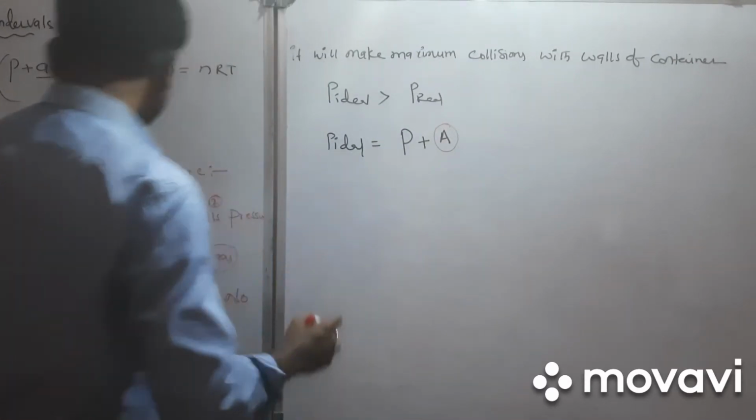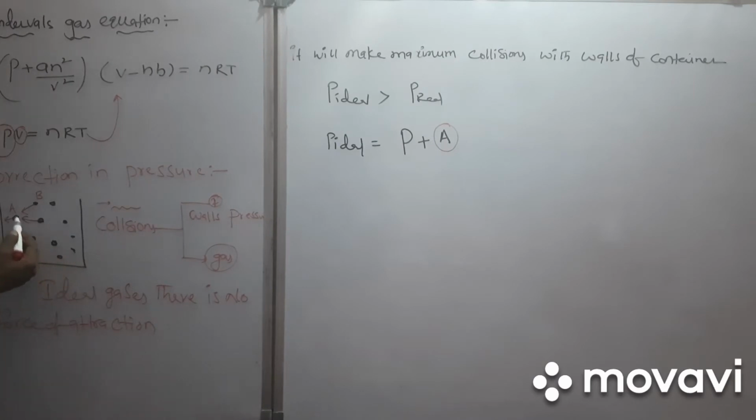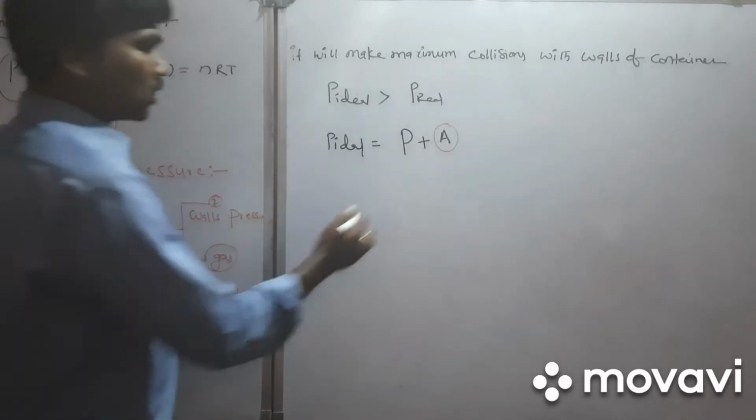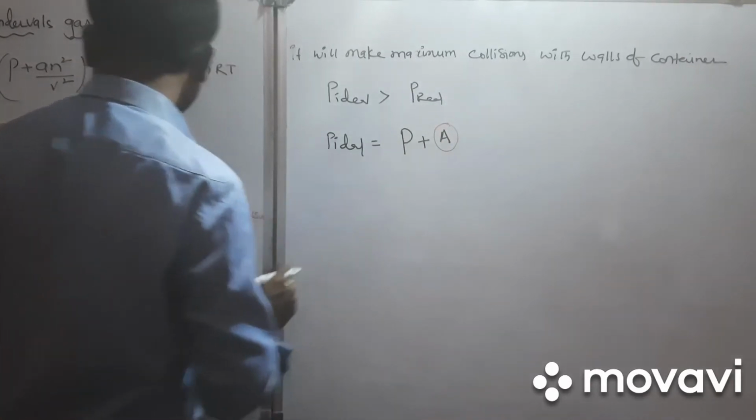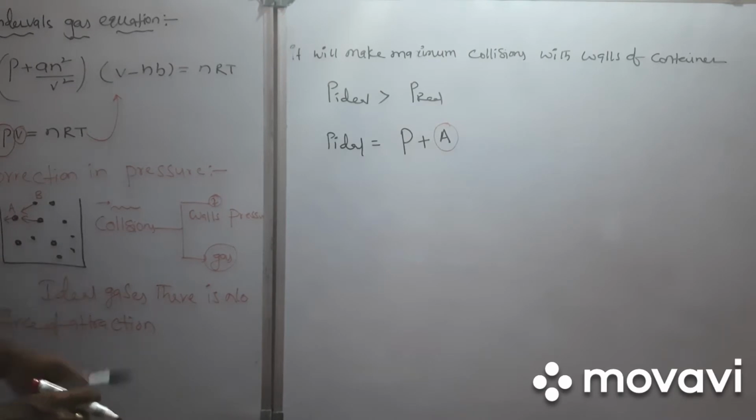So here you see, once again I am going to explain this container. In this container, two types of molecules will be there. Some molecules are going to make collision with walls of the container, and some molecules are going to attract A type of molecule. Means A type of molecules are there as well as B type of molecules are there. So here A, the pressure correction factor, will depend on A type of molecules as well as B type of molecules.